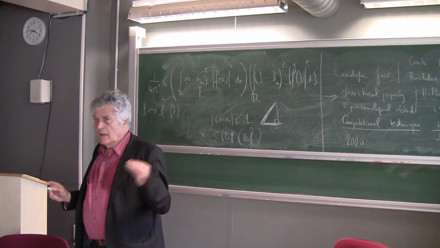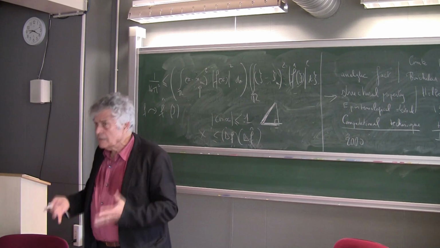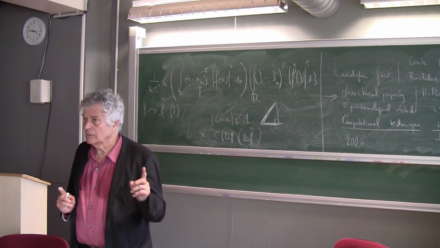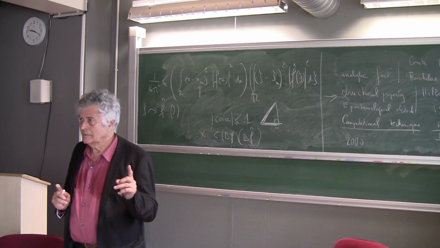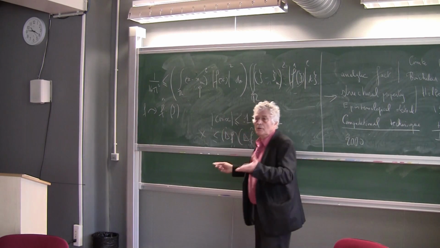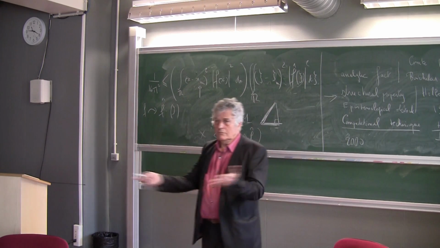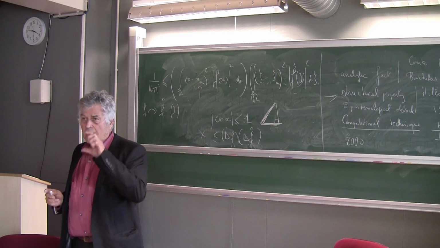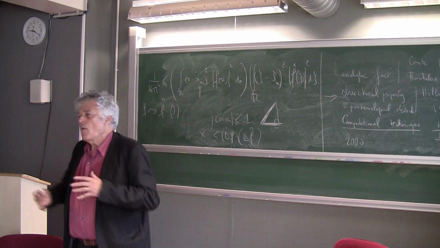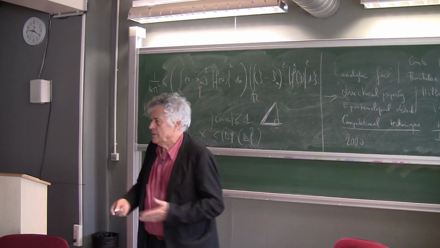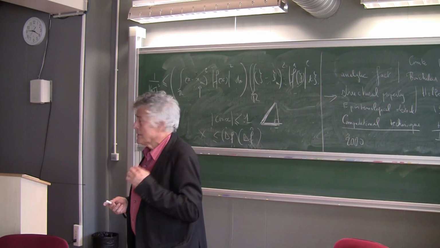Fourier could, I say could, but has not discovered it. So I won't prove it. It is easy. I mean, within less than one page, you can prove it. You need a little bit of technique about the Fourier transform, but it is easy.